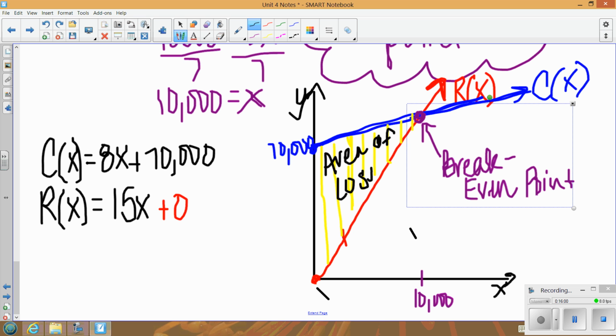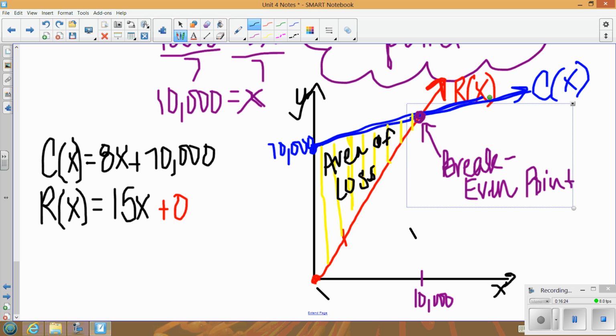So that shaded area, when you shade below your cost function and above your revenue, in this region here is going to result in a negative profit. So your profit is going to be less than zero, a negative number, because you're paying more than what you're making.